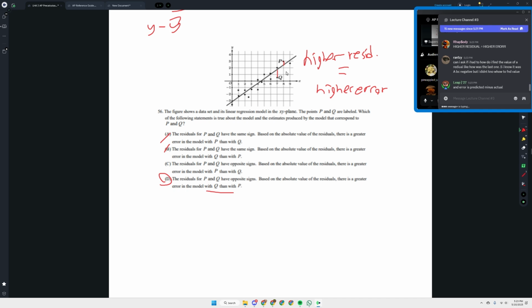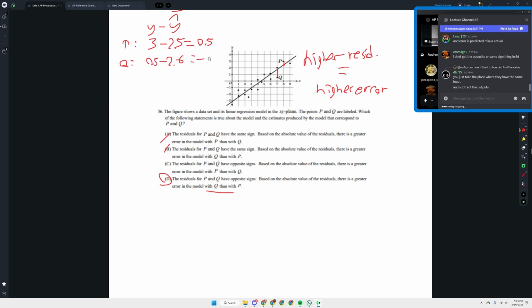For P, the predicted is around 2.5, and the actual is 3, so 0.5 for P. For Q, the predicted is 2.6, and the actual is like 0.5, which should be negative 1.1. So these are opposite signs, and this is bigger.